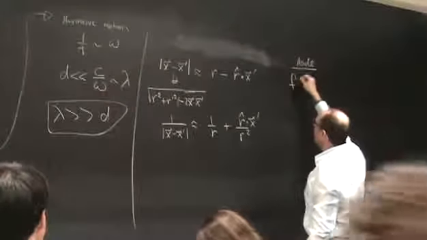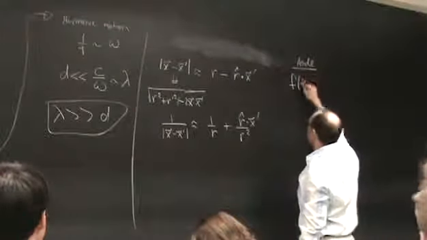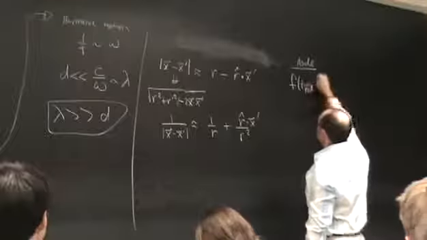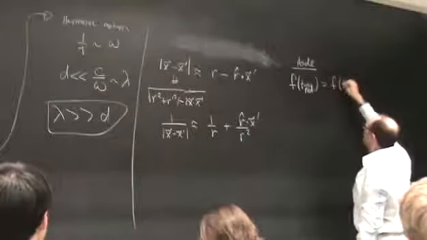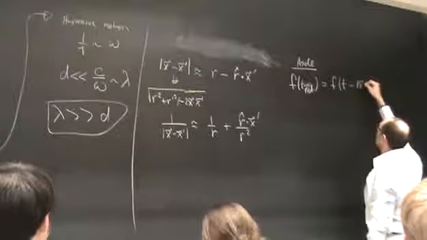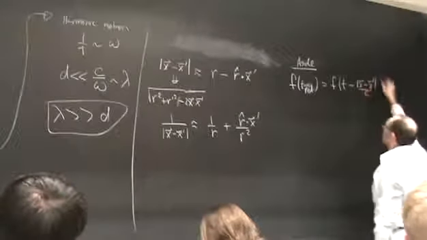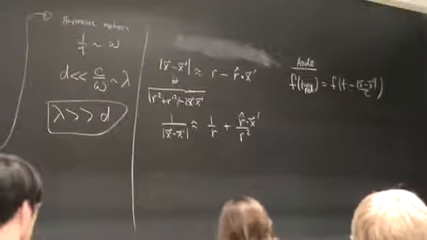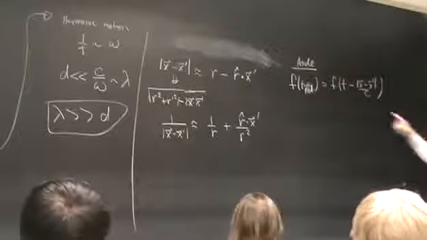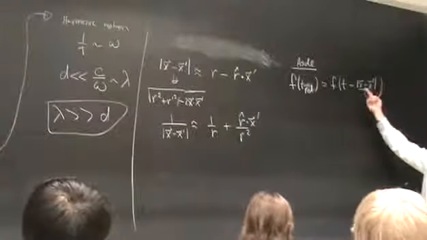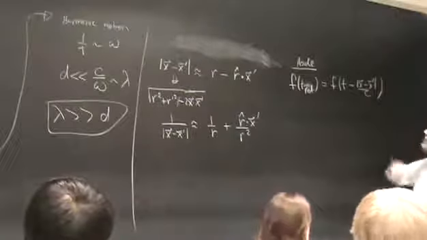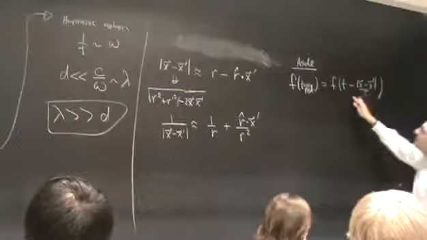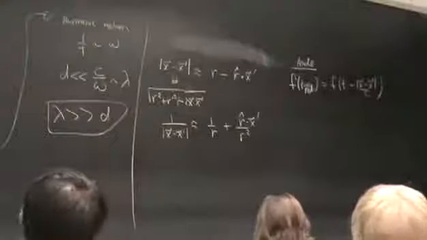Let's consider a function of t evaluated at the retarded time, which is f of t minus, for some particular point of observation and some particular point within the source. Under the assumption that the time it takes light to travel across a sample is tiny compared to the motion of the particle, we can do an expansion around the retarded time at the origin.